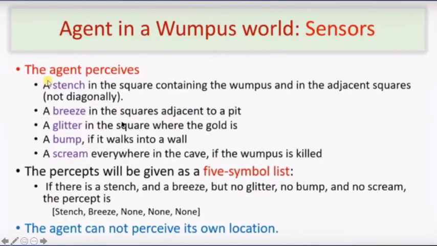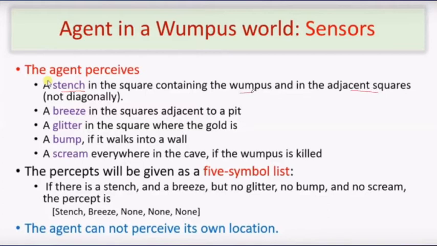Let's see the sensors, what the agent can perceive. The first thing that the agent can perceive is stench. Stench is some sort of smell, and it happens if the agent is in the square adjacent to the Wumpus.